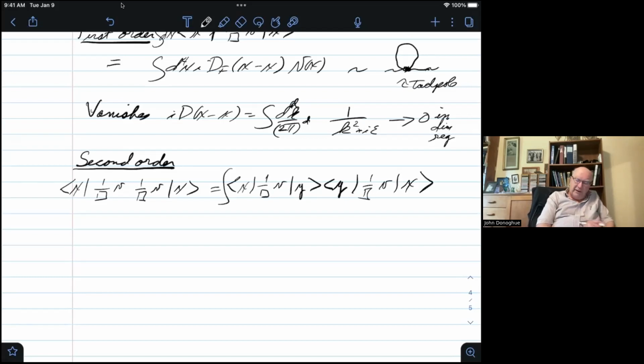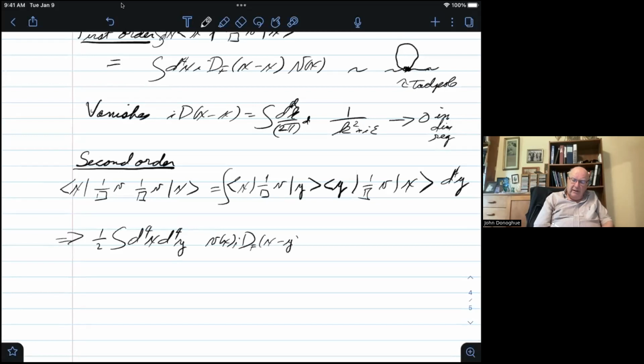Given the correspondence that I had, this gives us 1/2 the integral d4x d4y of V of x, propagator x minus y, V of y, propagator y minus x.